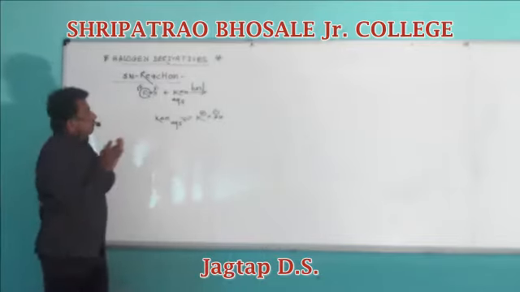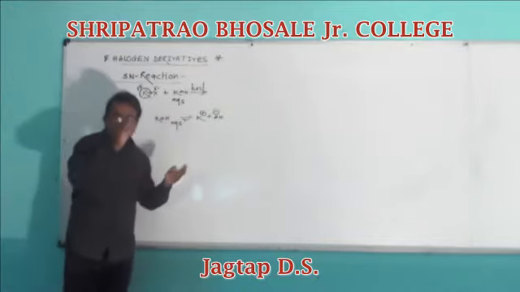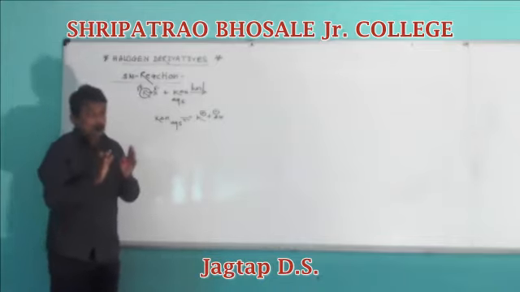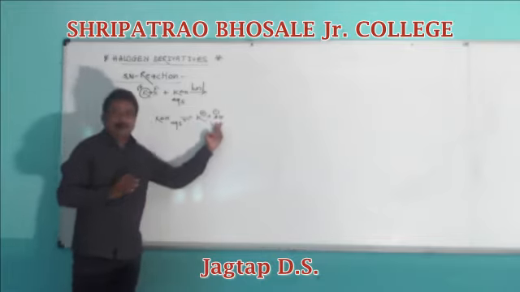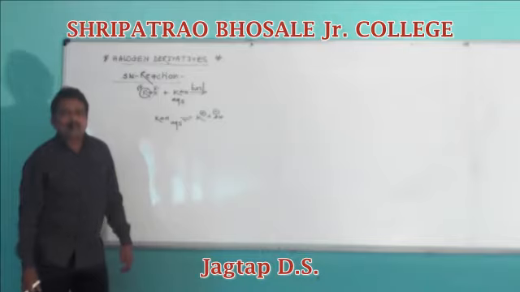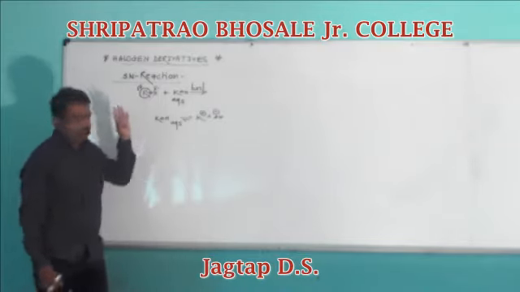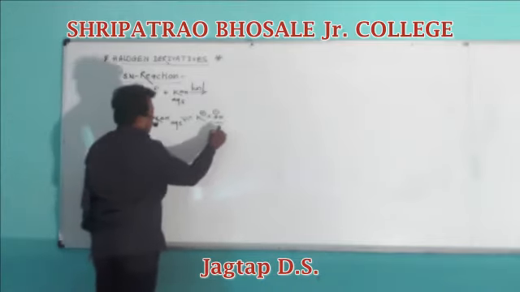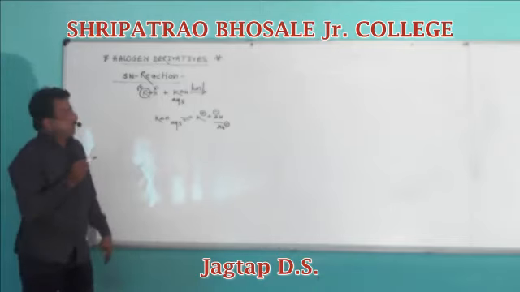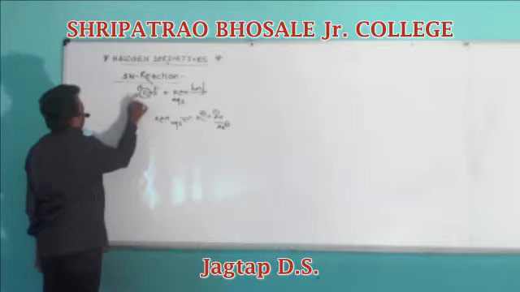We know nucleophiles are attracted towards electron deficient center. Nucleophiles are the negatively charged ions or neutral molecules containing electron rich center. Here the nucleophile, that is OH minus, the hydroxyl, approaches towards the electron deficient carbon.